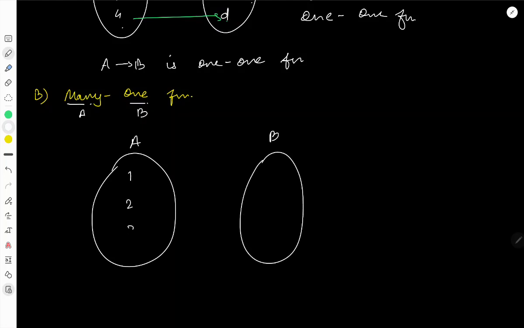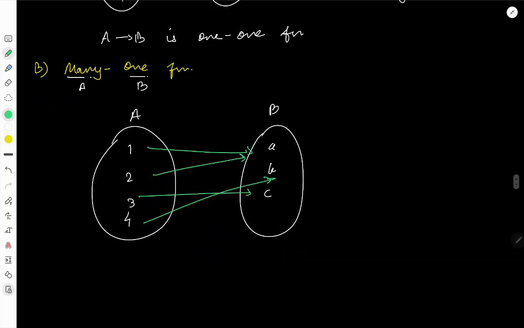So A again has 1, 2, 3 and 4. B has a, b, c and d. And now I relate them in this way. And yes, let's not take d. This 4 is related to b.